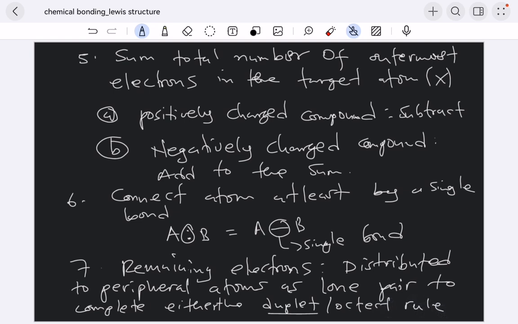I will give more emphasis on what some of these rules imply.